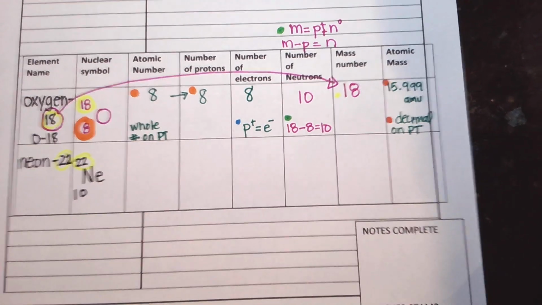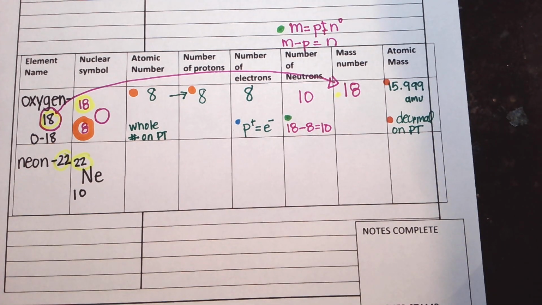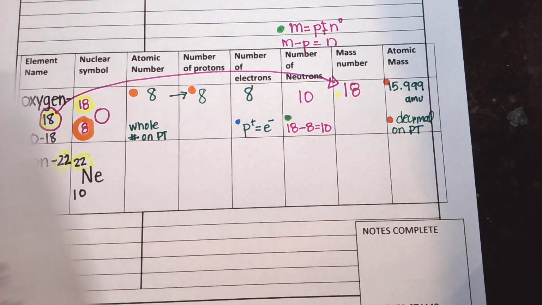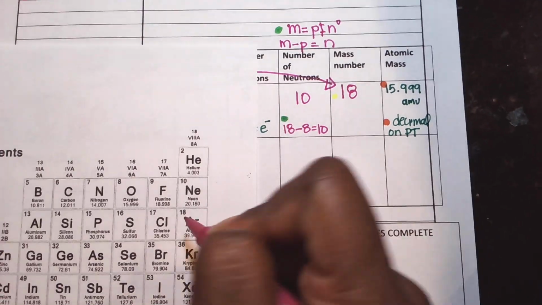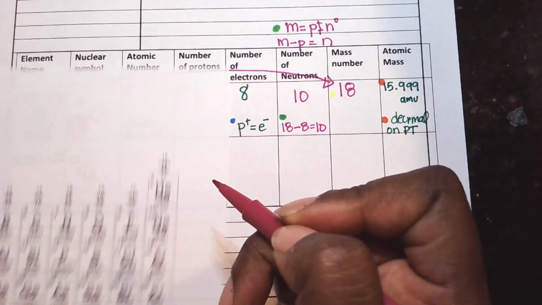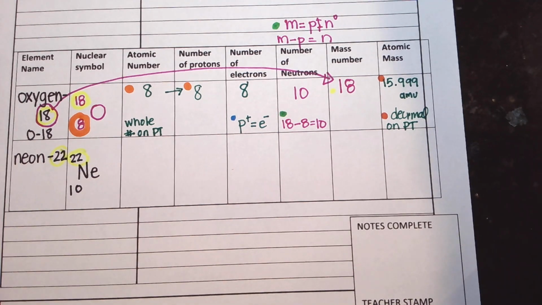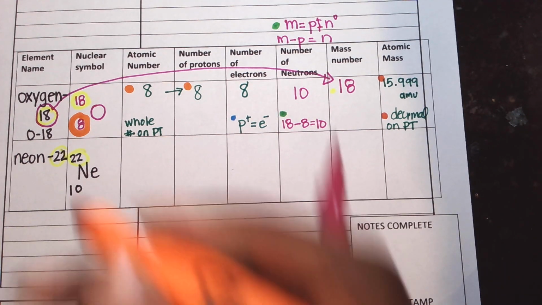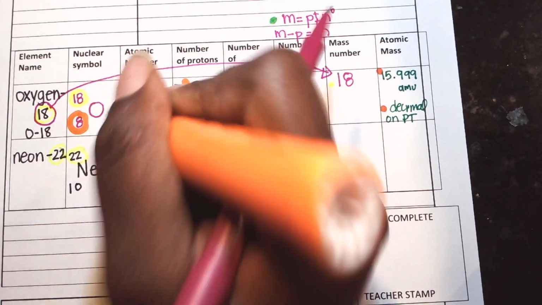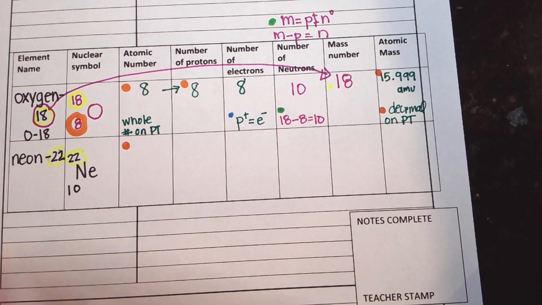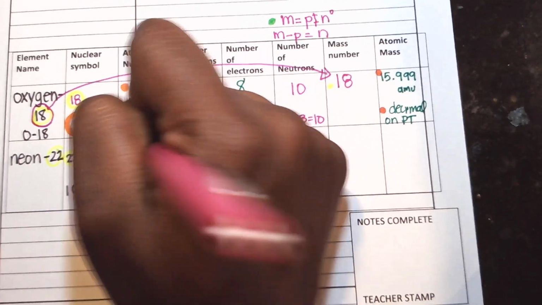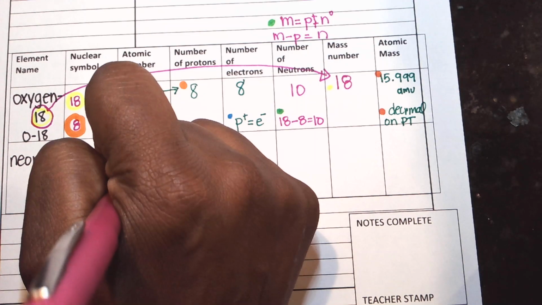All right. So now our atomic number, we can find that in two different ways. We can look at the periodic table, find neon, and see that the whole number is 10.